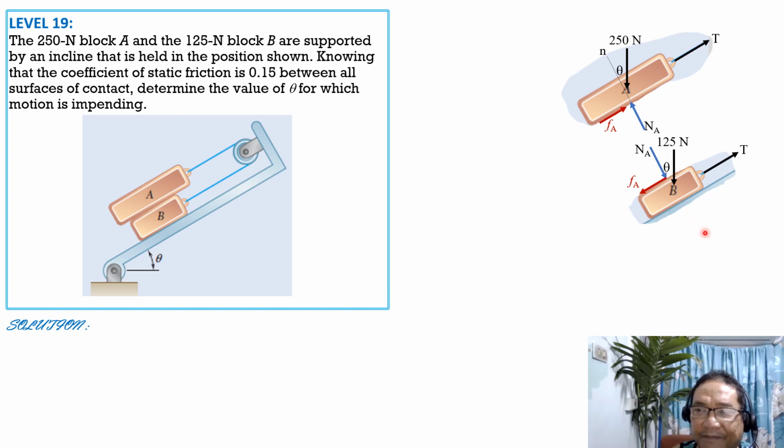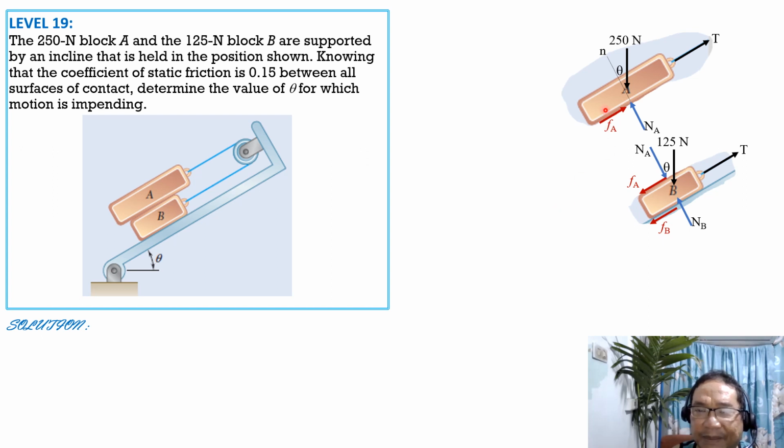So we have a normal reaction at B as shown, then friction, because B is moving upward as expected. They should have opposite motion, so friction should be going down, and that is equal to F sub B as shown, and FB is also maximum, mu sub s times the normal at B.